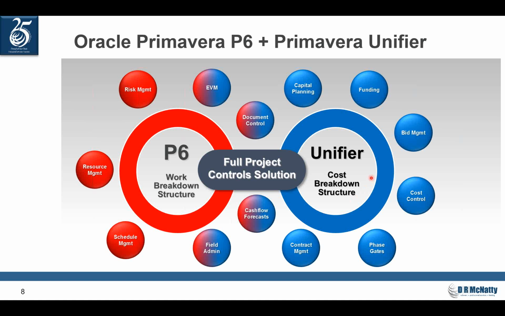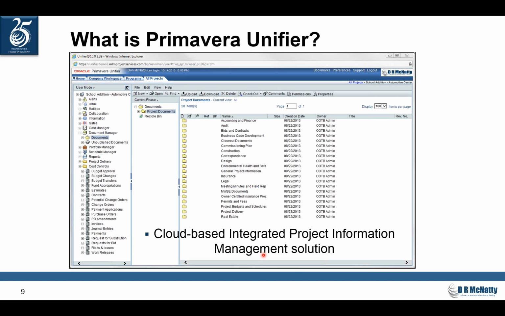So Unifier, with its cost breakdown structure, which by the way it still refers to as a WBS, but in Primavera parlance, the Unifier WBS is referred to as a CBS, or cost breakdown structure. And the WBS in P6 is referred to as the WBS. These are things that they're going to get in better sync as we move forward with future versions of both modules.